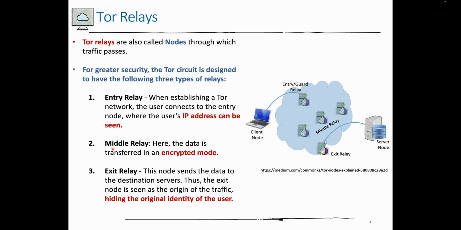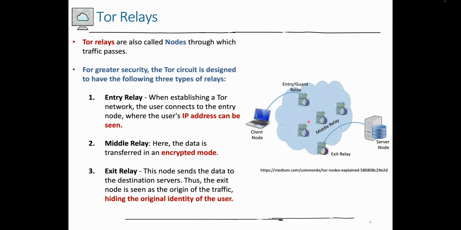Now, the second one we have is the middle relay, as you see right here on the screen. Once the traffic reaches the entry relay, it's forwarded to the middle relay. Think about it this way, as the core of the Tor circuit, as it handles the bulk of data transfer and further obfuscates the user's traffic.